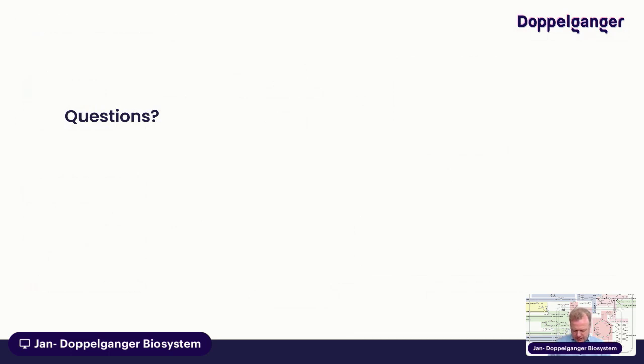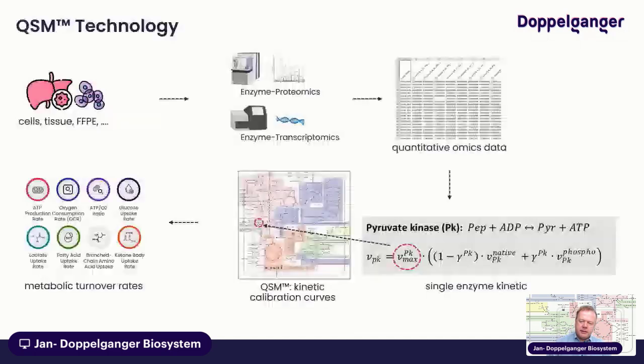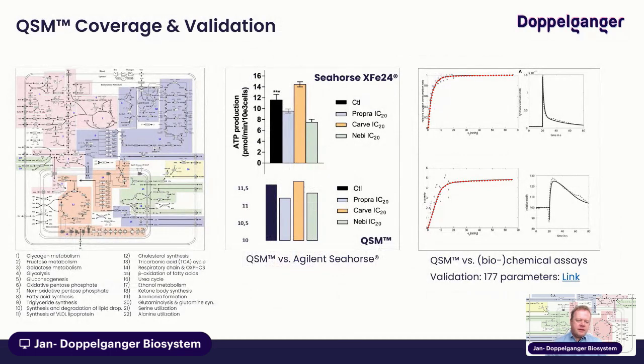A second question is more on the validation. We used Seahorse really as the gold standard, meaning that we run a bunch of assays in Seahorse in parallel to the QSM platform. And the results are basically the same.